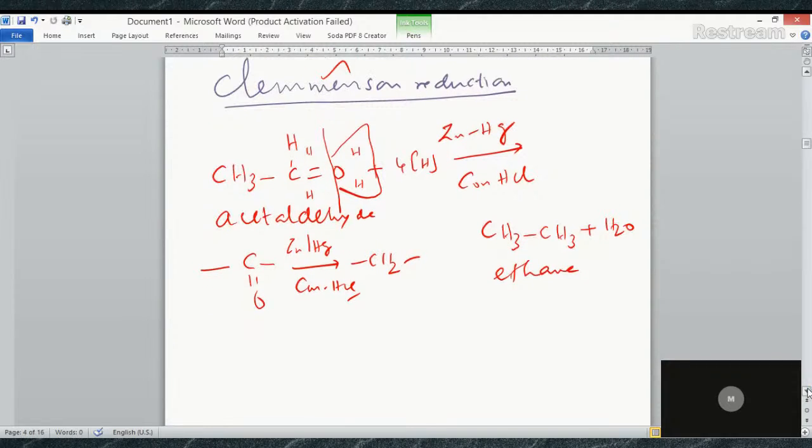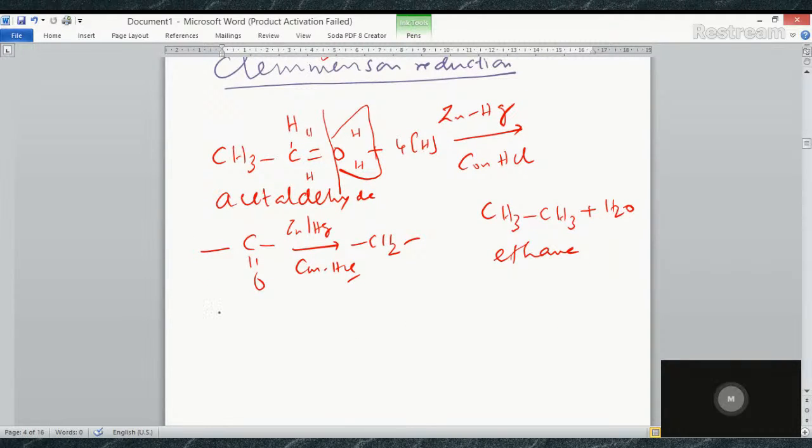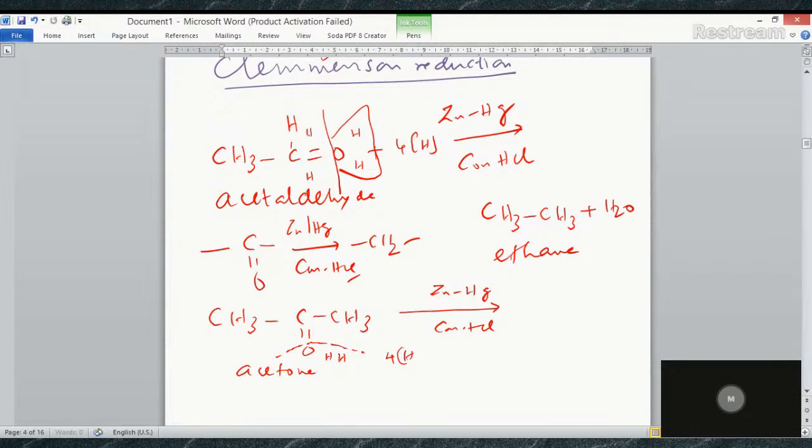And if you take a ketone, yes, I'll be writing this ketone, CH3 double bond O CH3. The ketone's name is acetone. This acetone on treatment with the same zinc amalgam and concentrated HCl, we can use 4 hydrogens. 2 of the hydrogen atoms are responsible for the removal of water, and 2 more hydrogens can be added there. So it becomes CH3 CH2 CH3. It is for easy understanding purposes.